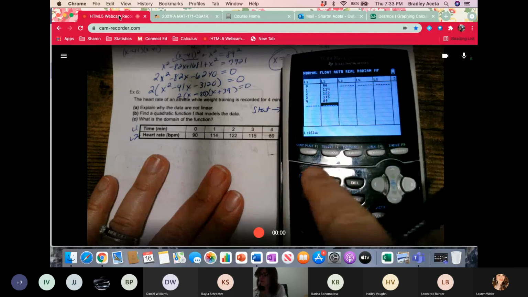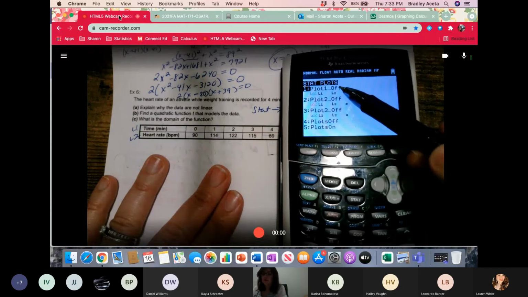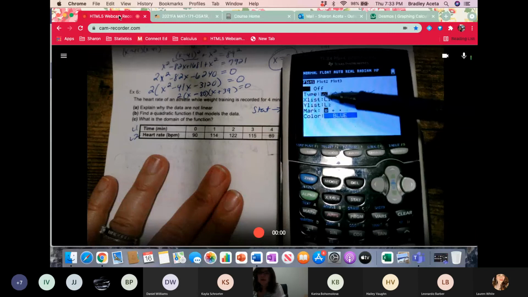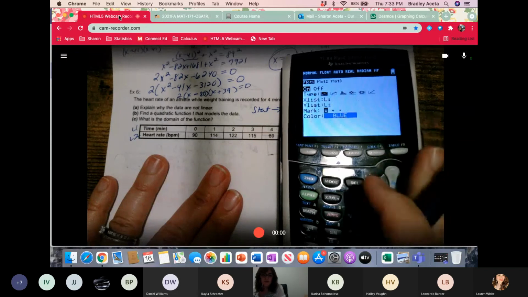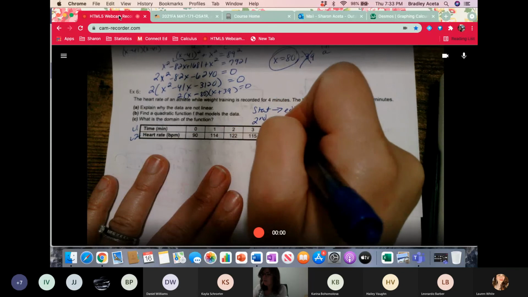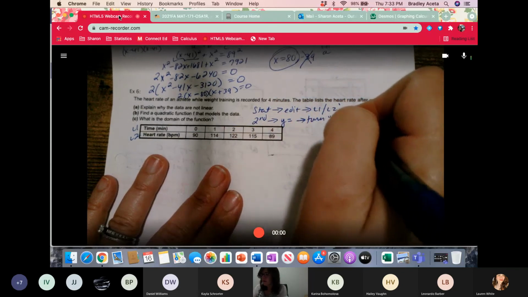And the way to turn the plot on is hit second y equals. Right now I have it off. I'm going to hit enter, turn it on, and it should be highlighted on the first one, which is the scatter plot. So let me just write this down for you. Second y equals, turn it on.